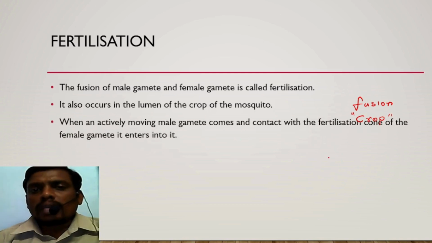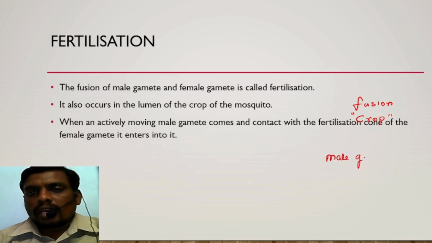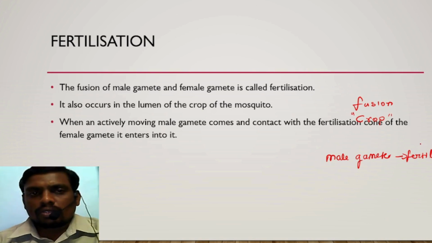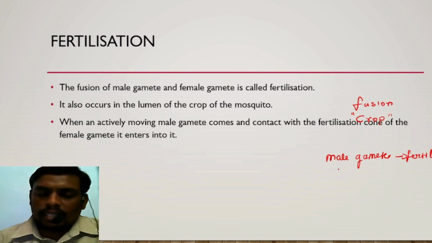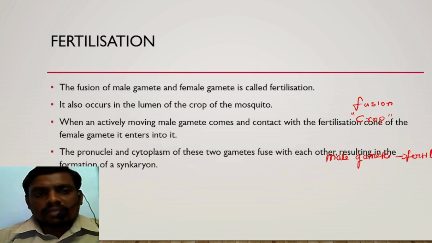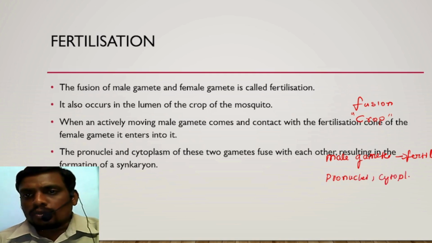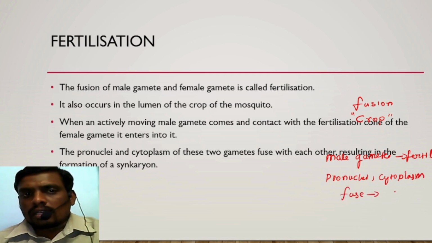When an actively moving male gamete comes in contact with the fertilization cone of the female gamete, it enters into it. The pronuclei and cytoplasm of these two gametes fuse together, resulting in the formation of synkaryon.